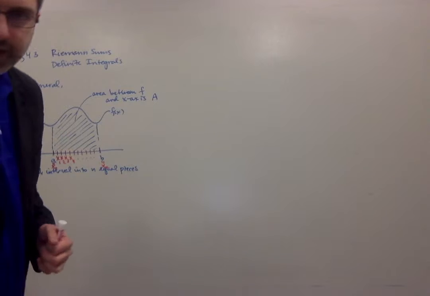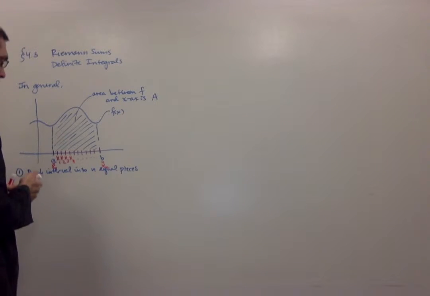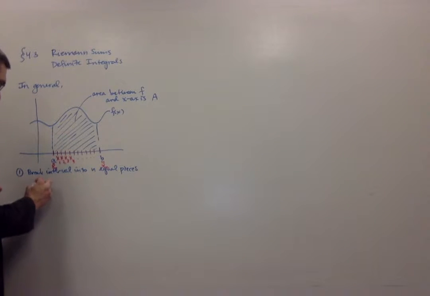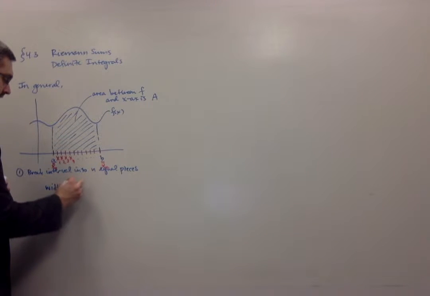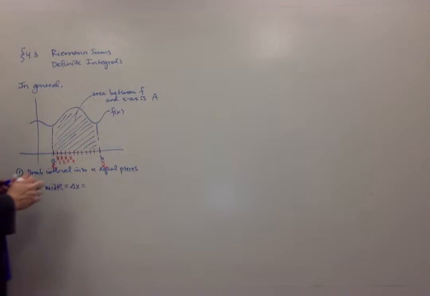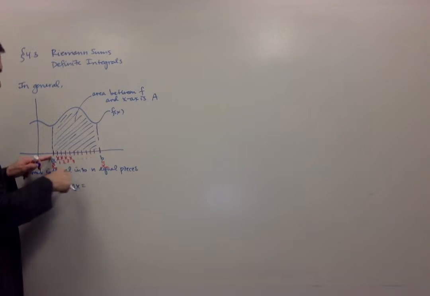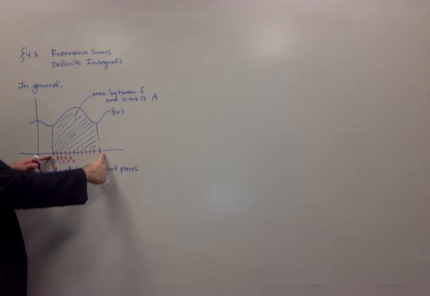Now the width of each rectangle, which we're still calling delta x, is based on the width of the whole thing. If this was like 2 and 5, the width would be 3, right?